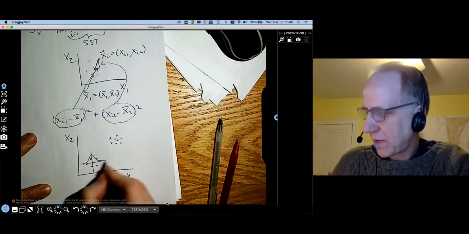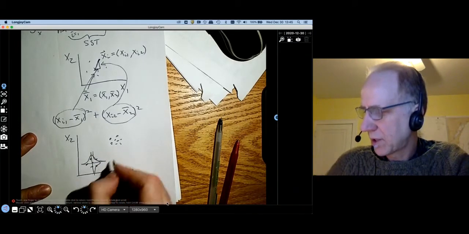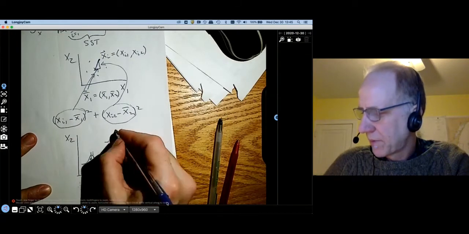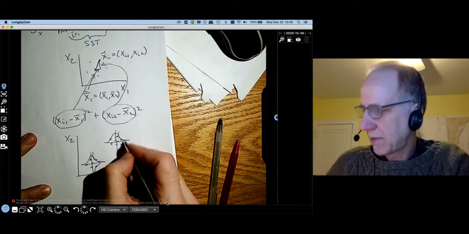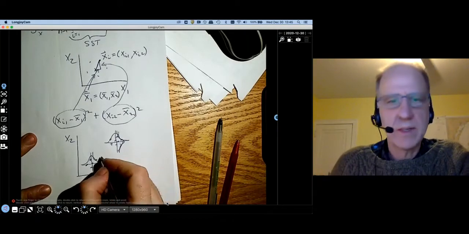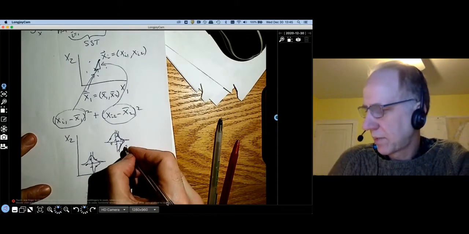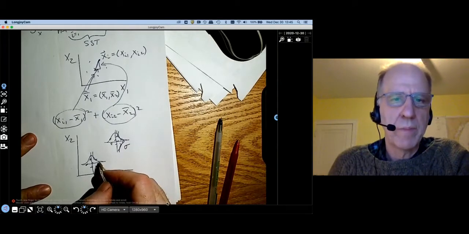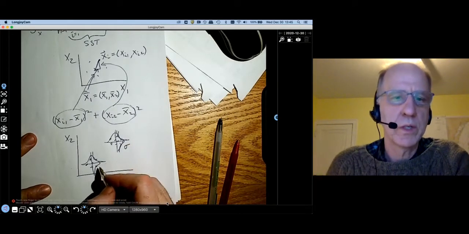So it can be the standard deviation in this direction, it can be the standard deviation in this direction. All of these are going to have the same standard deviation. I should draw that a little bit neater. And that standard deviation, call it sigma, describes how much dispersion there is within each cluster.